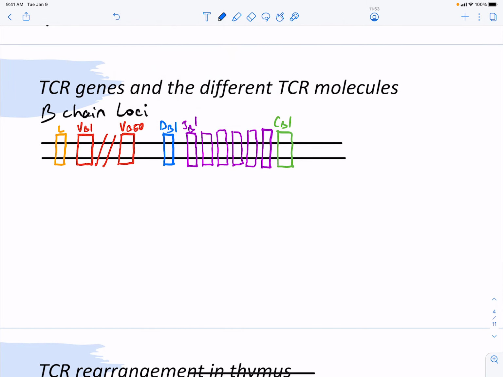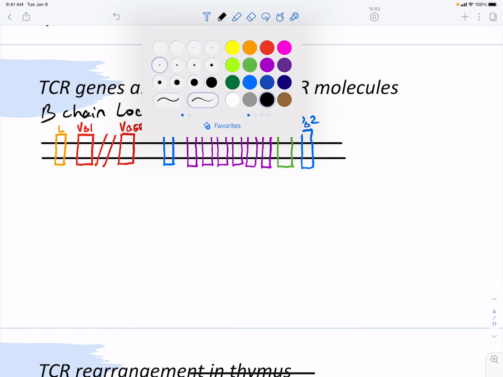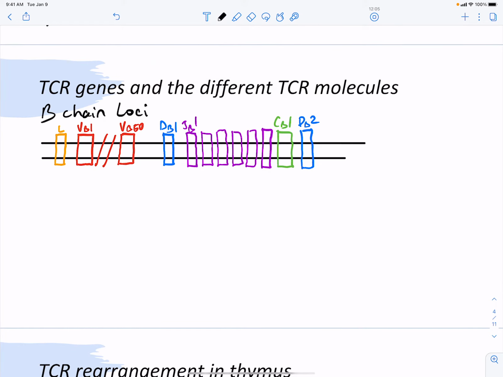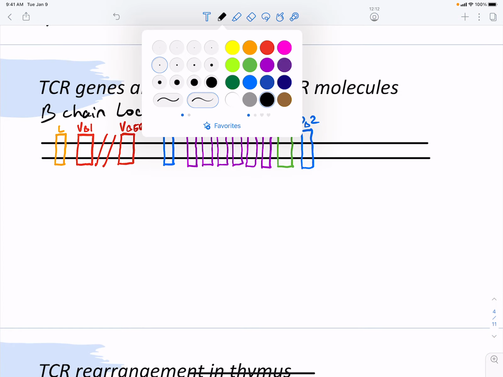Then you have your diversity beta 2. And diversity beta 2 is again going to be joined with our joining 2s.